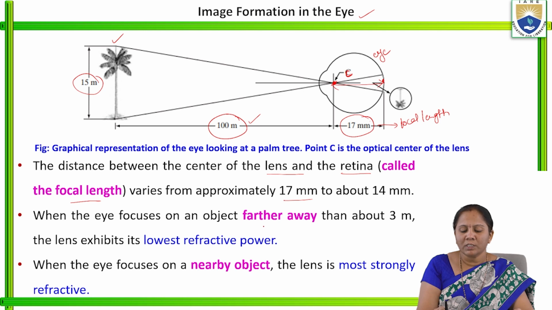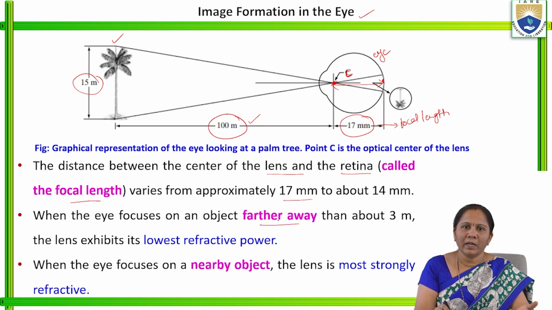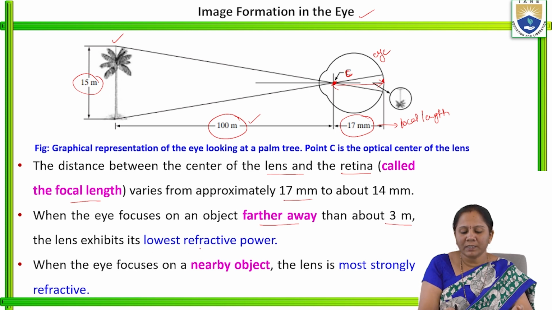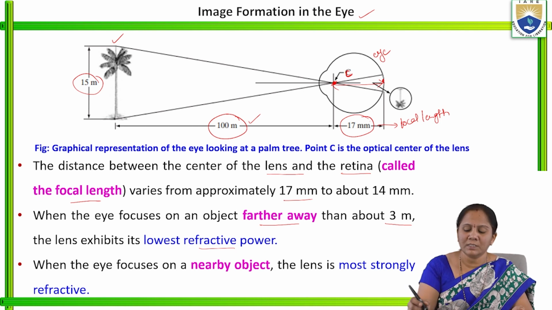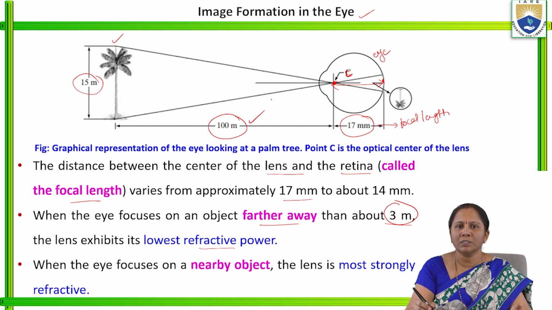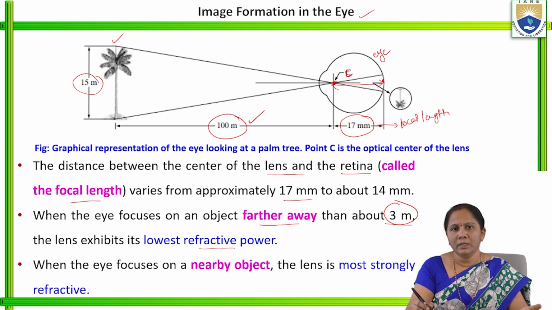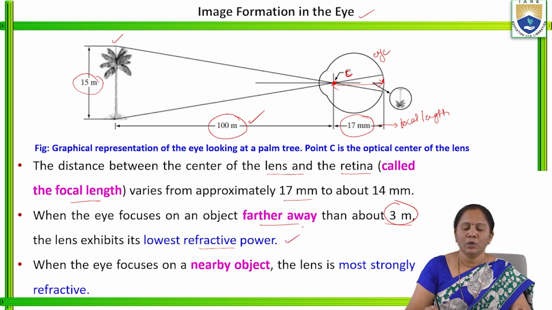When the eye focuses on an object which is farther than 3 meters, the lens exhibits the lowest refractive power. If the object distance is more than 3 meters, for example here it is 100 meters, which is far compared to 3 meters, such objects cannot be visualized properly as the lens has the lowest refractive power.